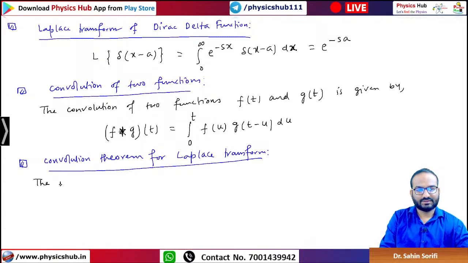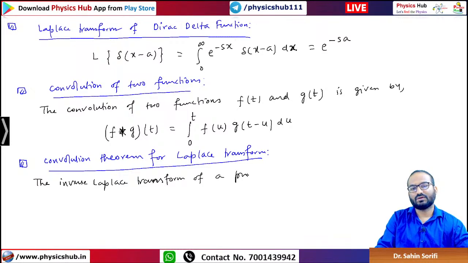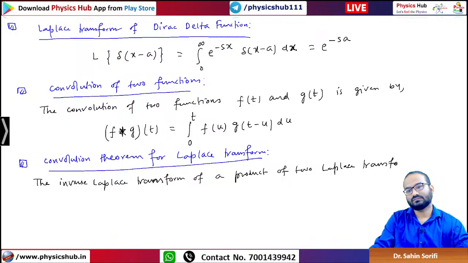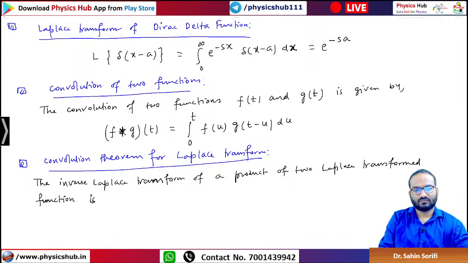So the statement is: the inverse Laplace transform of a product of two Laplace transformed functions is equal to the convolution of those two functions.